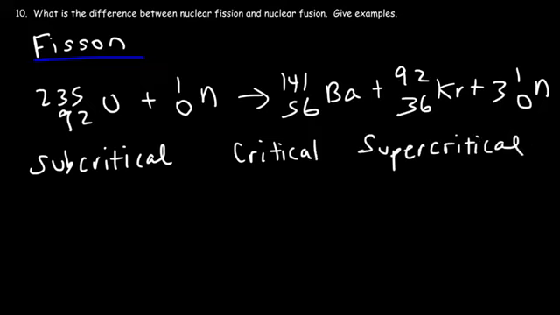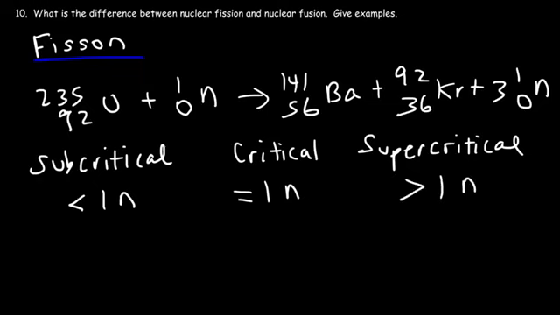Now, a subcritical reaction will produce less than 1 neutron on average. A critical reaction, which is self-sustaining, will produce 1 neutron for every neutron consumed. And a supercritical reaction will produce more than 1 neutron, and so it's going to expand and accelerate.